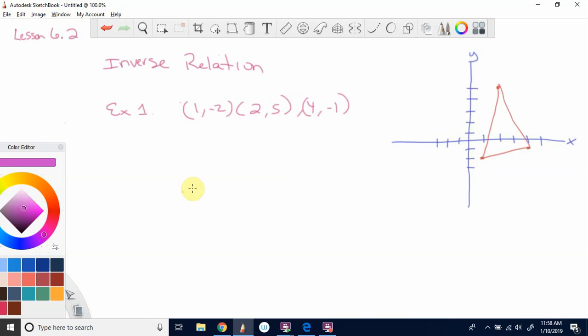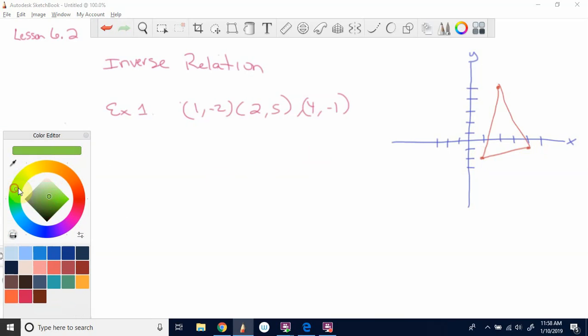So now they want us to graph the inverse of this relation. Let's find it, and use green. Remember, these are the x, y's. To find the inverse, we just simply swap the x, y's. That's all we're doing. It's as simple as that. It's not complicated.